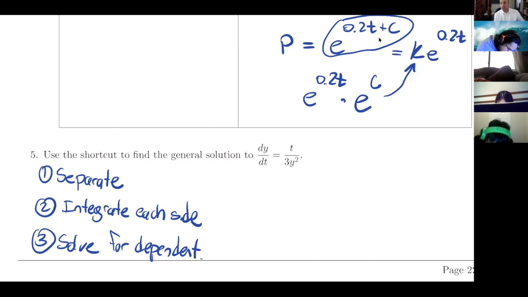So these are generally like a 3-step process: separate, integrate, and then try and solve for the dependent variable.